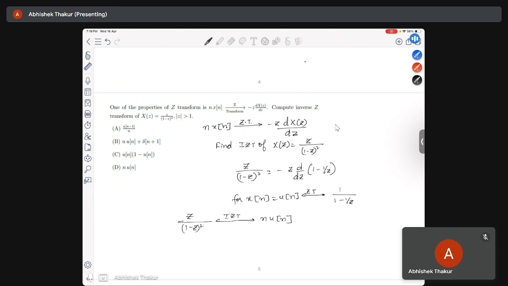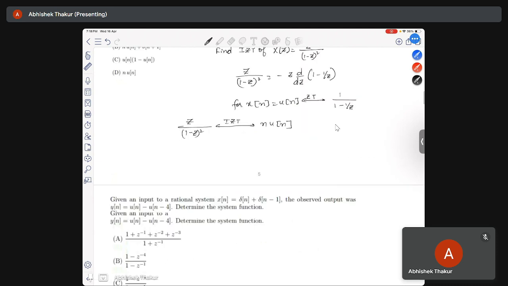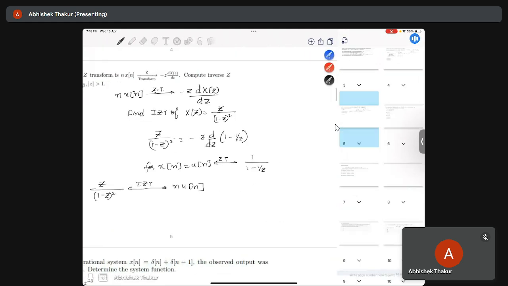Now let's see the duality property, because that is very, very important.